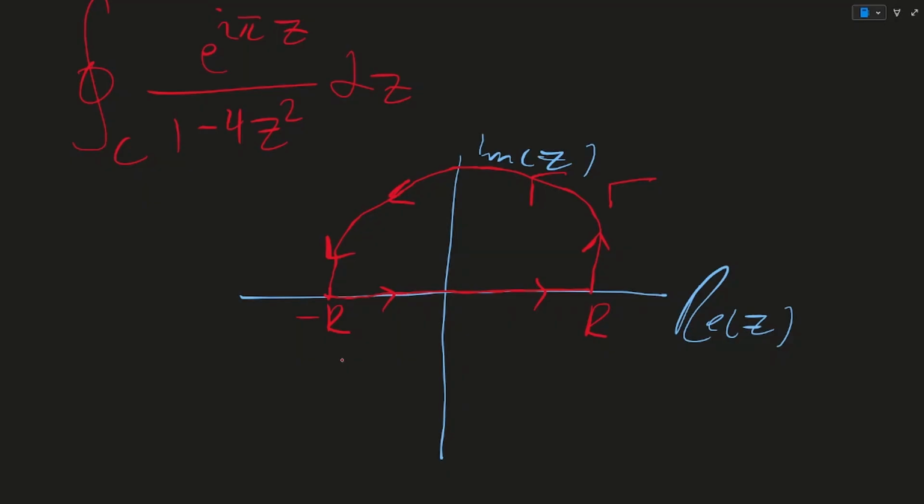Our poles lie here at -1/2 and 1/2, or I guess are half poles. And this whole contour is going to be called C.